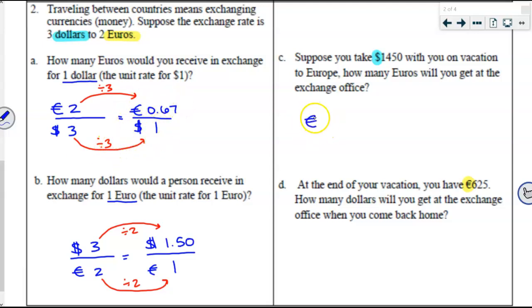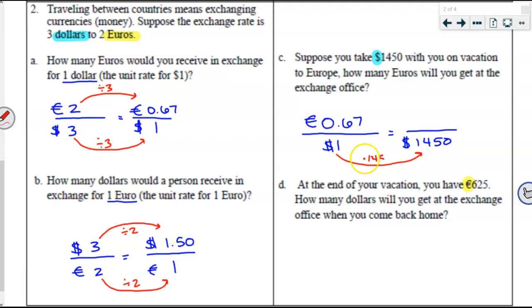So starting with knowing that it's 0.67 euros for $1, and I brought $1,450. I want to know how many euros I'm going to be carrying around with me. So how is that 1 going to be changing to a 1,450? Nice and easy, we multiply by 1,450. We're going to do the same thing here as well.